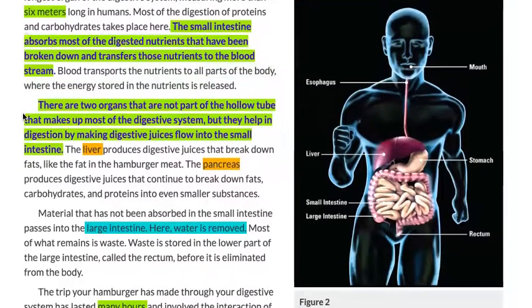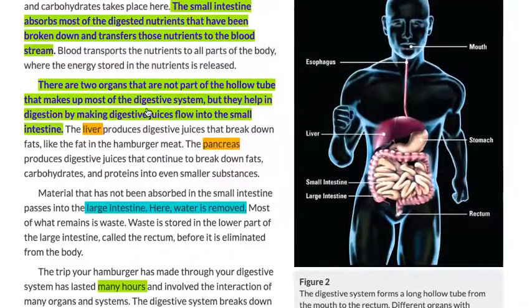There are also 2 organs that are not part of this hollow tube that goes from your mouth to your rectum, but they do help with digestion. And so here we have the liver. This liver produces digestive juices that break down fats, like fat in hamburger meat. It's also there to get rid of toxic chemicals.